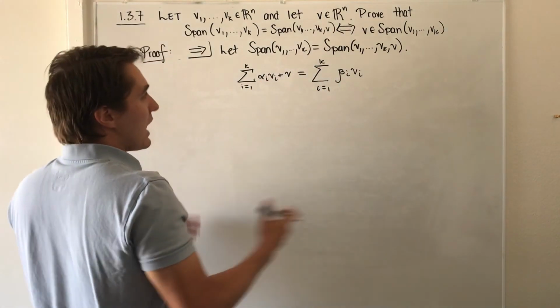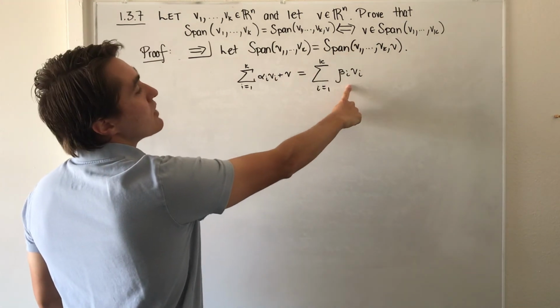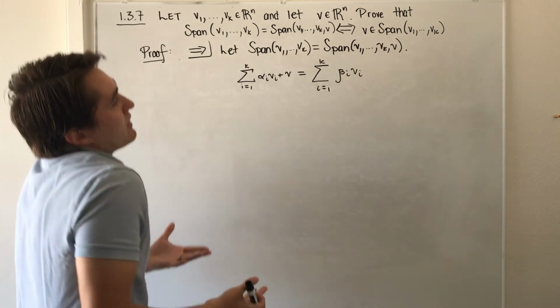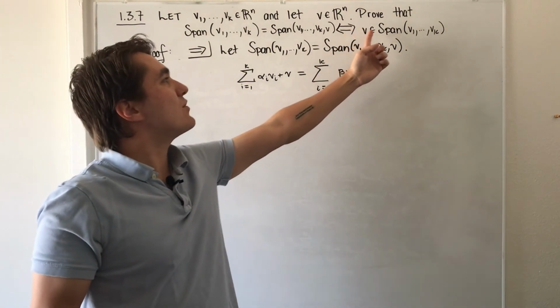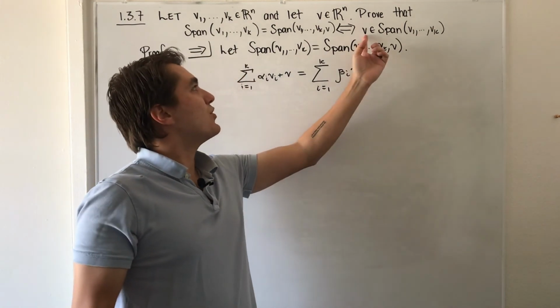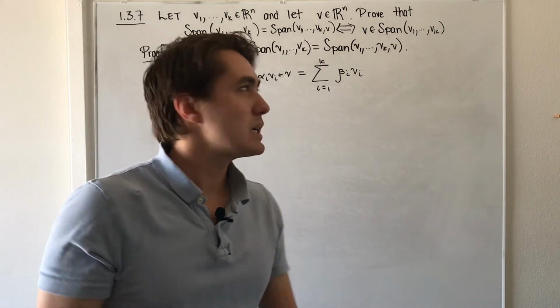OK? So now that I've written the element from here as a linear combination of the v1 through vk's, all I've got to do is show that v is in the span of the v1 through vk's. What does that mean? It means that v is a linear combination of just the v1 through vk vectors.